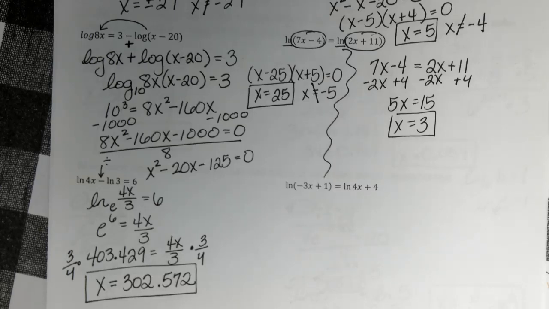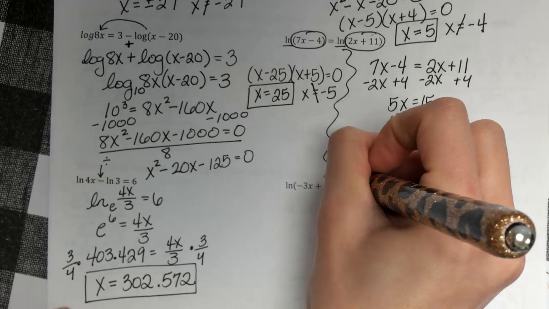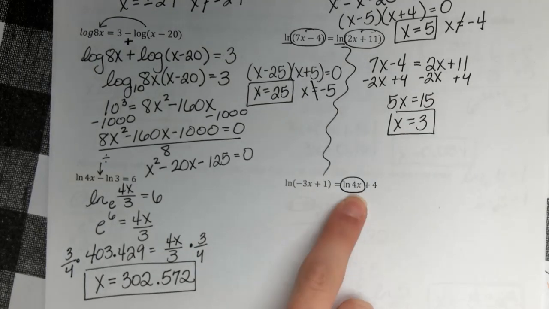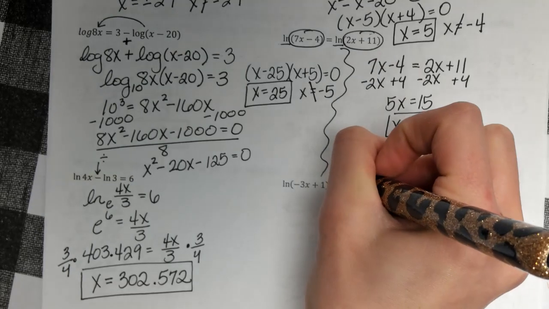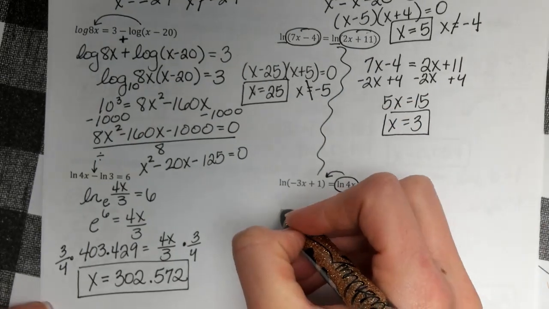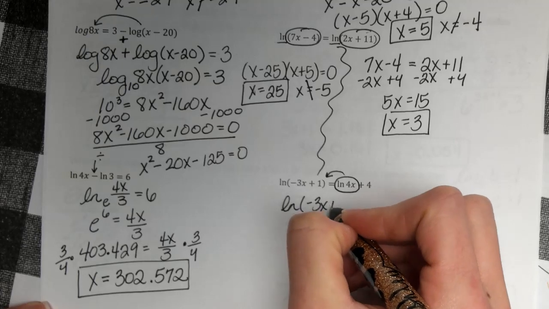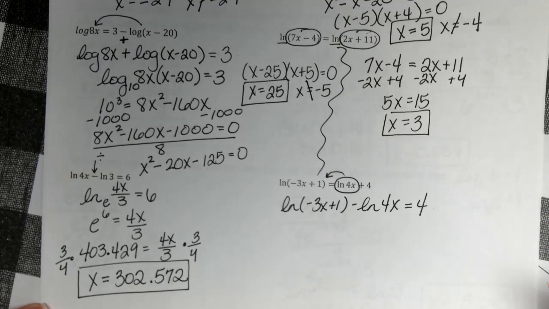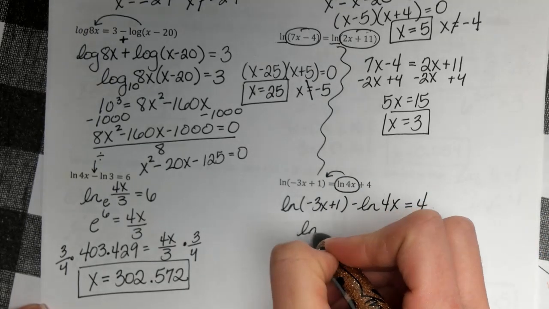So then, natural log of negative 3x plus 1 equals natural log of 4x plus 4. What do I need to do? Get the minus, subtracted natural log of 4x. So this 4x plus 4 is not one term. Notice that this has parentheses, whereas this does not. So this natural log of 4x is what I'm subtracting. Subtraction means I'm going to have a fraction.